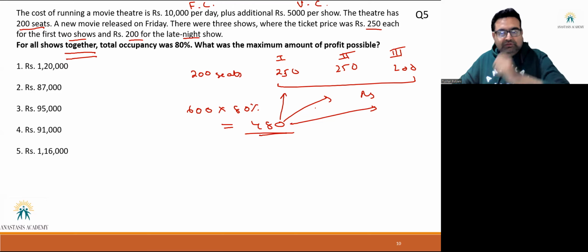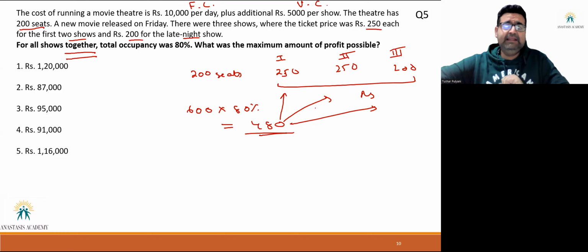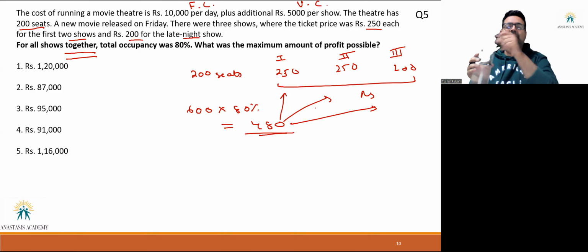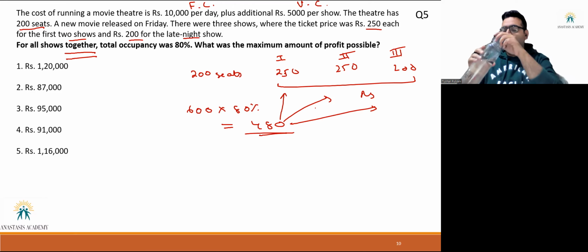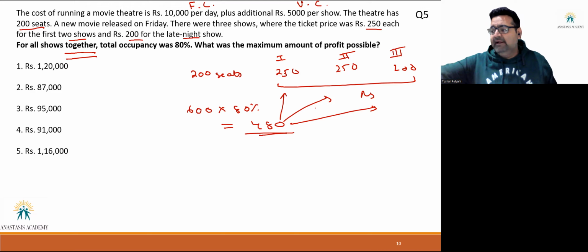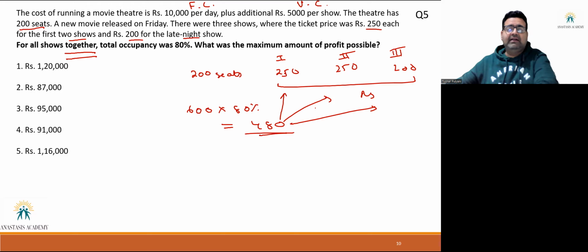So now my 2 shows are equally priced, but the third show is slightly cheaper. So I'll try to put minimum seats in the cheaper show. Right. If I have to maximize my profit, I'll try to create a scenario where minimum people came for the late night show.